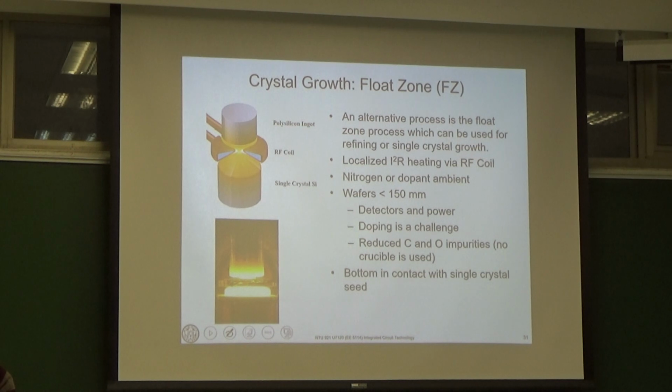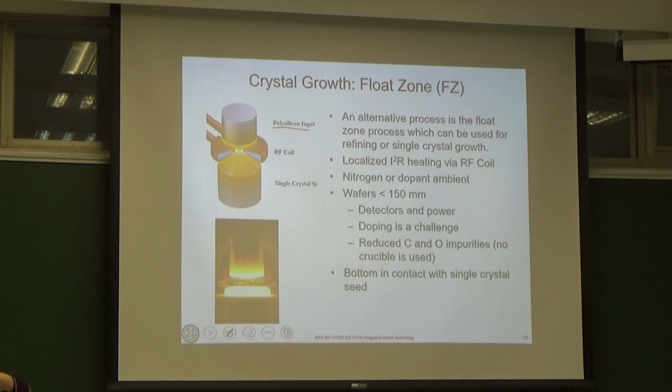But the FZ is basically used for refining purposes in the beginning. For example, we have a polysilicon ingot here, and we have a coil. Then this RF coil can heat up this material.